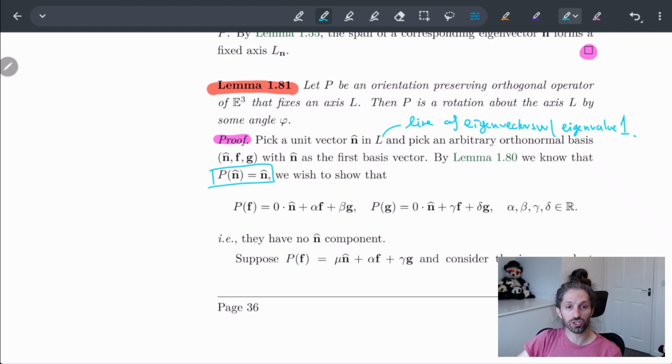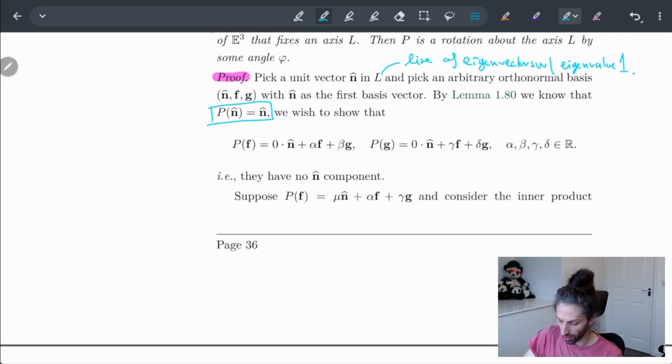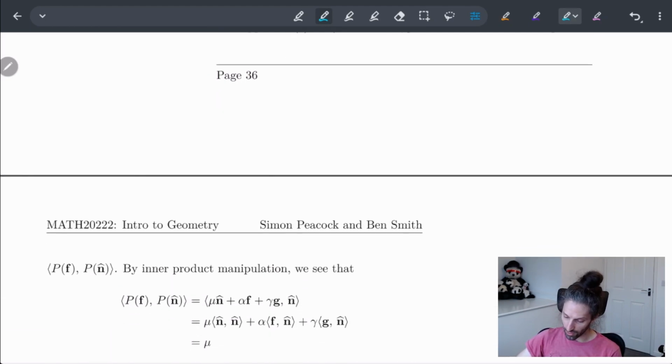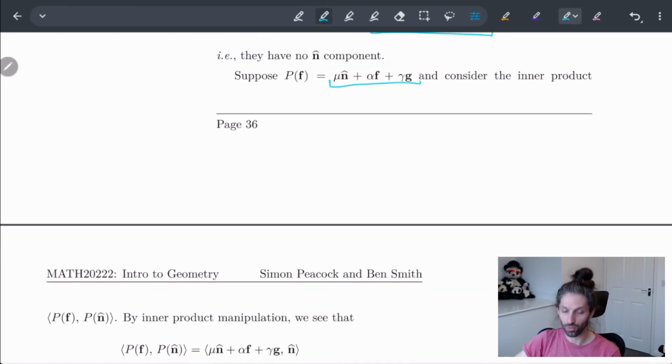Now we want to first show the following. In particular, what we're really trying to show is that there's no component in n hat. So let's do it for F first, and it'll be almost identical for G. So we're going to do one at a time. So let's look at F. So here F I've let equal to mu n plus alpha F plus gamma G.